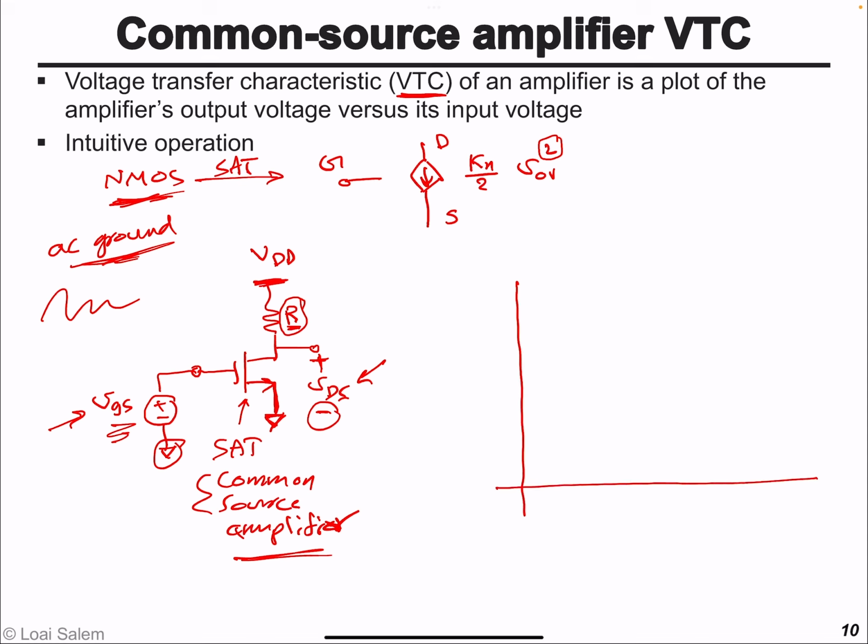So on the x-axis, we have the input, VGS, or sorry, let's call it capital G capital S, so VGS, and VDS on the y-axis. Now, we know that for voltages that are below the threshold voltage of the NMOS, the transistor is going to be open circuit, and so essentially VDS is going to be equal to VDD.